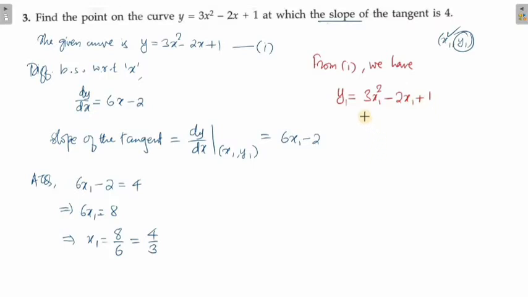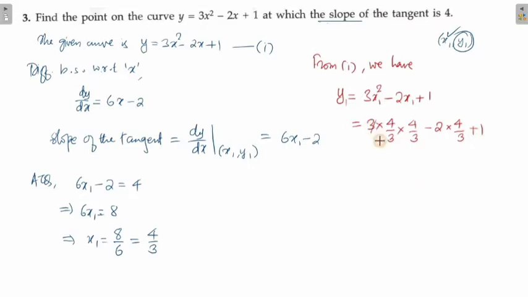Now let's substitute the value of x1. x1 is 4 by 3, right? So we have 3 into x1 square, so x1 square becomes 4 by 3 into 4 by 3, minus 2 into x1 which is 4 by 3, plus 1. Now your job is to simplify this.